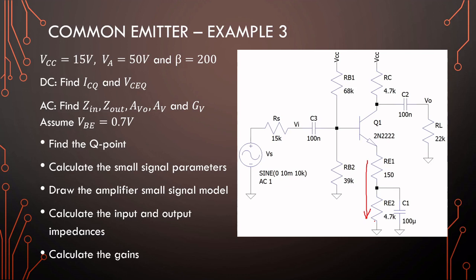Your bias will still be within a couple of percent accurate. But these two need to be summed in calculating the DC bias. But for the AC, this will become a short, that will become a short, and this one will become a short, technically eliminating resistor RE2, leaving this point as a ground, and RE1 will remain in our small signal model.